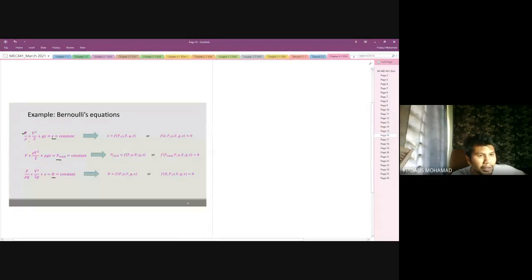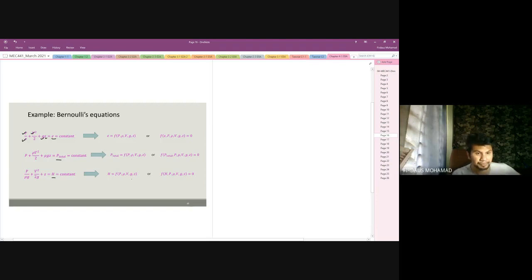Ni P, rho, V, G dengan Z, which is independent variable. Okay, so kita boleh buat dalam bentuk function. E, energy is a function of P, rho, V, G and Z ataupun sama dengan function F of E, P, rho, V, G, Z equal to 0. Okay, so sama dengan P total dengan H. H adalah head. So head is dependent variable. P, rho, V, G, Z adalah independent variable.